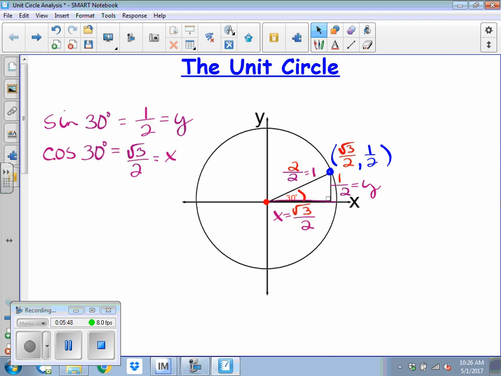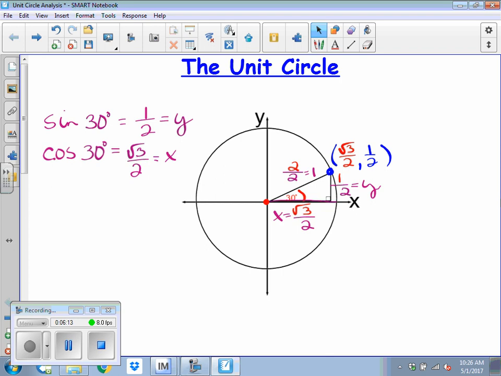We can say cosine is x. So these values end up being x, y, but that's the same thing as cosine, sine. So cosine of 30 degrees is my x value, which is square root of 3 over 2. Sine of 30 degrees is my y value, which is 1/2.